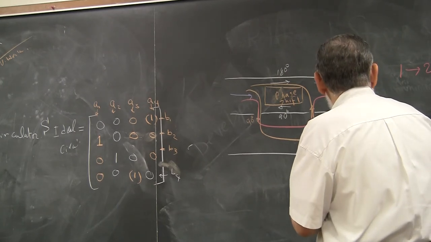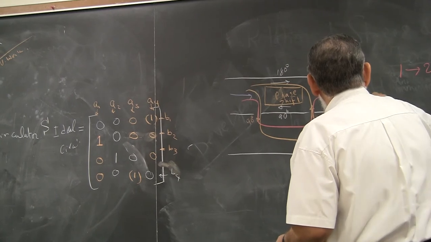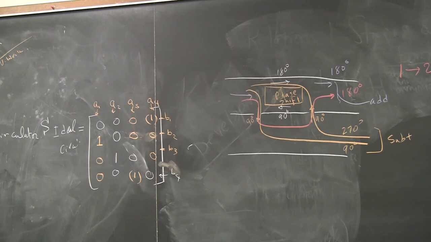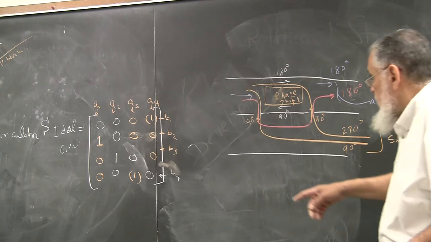These two here add, and these two subtract. So play games with things like that, okay? That's a very quick and crude explanation to how a circulator works. But this is what you want.